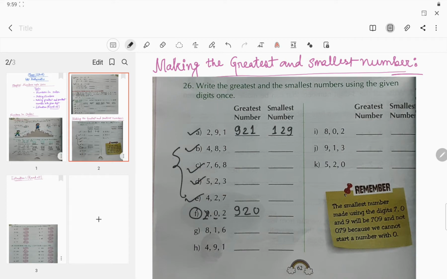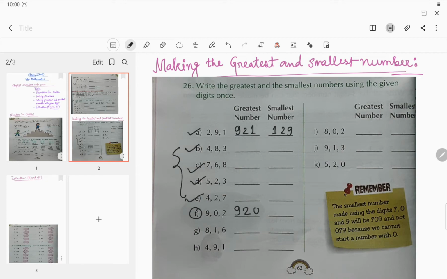So 920 is the greatest number using these digits. Now when you are making the smallest number, you can't start with 0. Why? If you start with 0, then 2, then 9, it will be a 2-digit number. So at first, except 0, you have to find out which one is the smallest one.